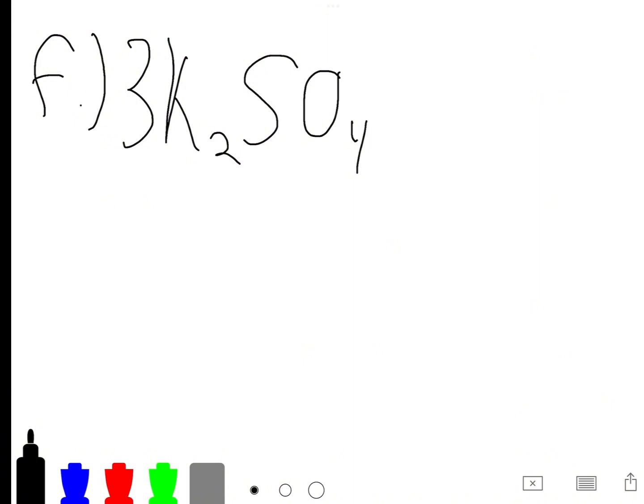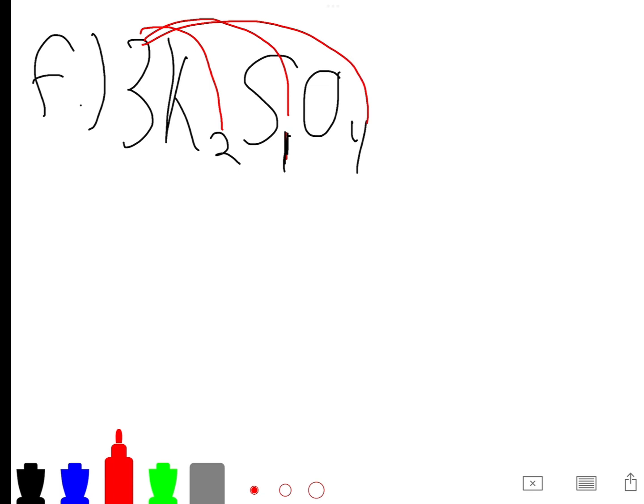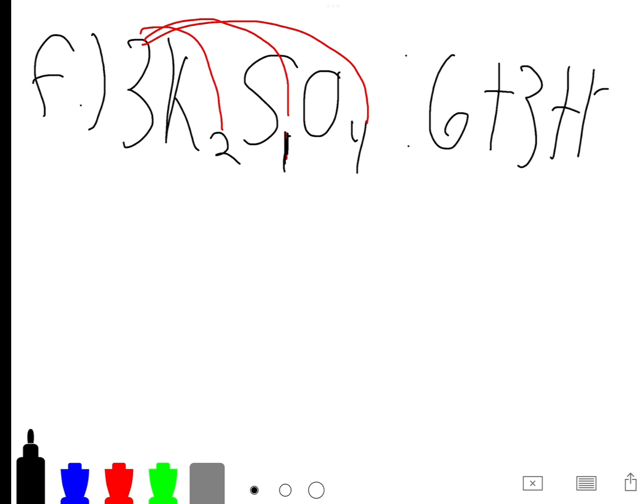All you're going to do is multiply this 3 by all of these, and there will be an understood 1 here. So 3 times 2 is 6. 3 times 1 is 3. And 3 times 4 is 12. So you have 21 total atoms present in this formula.